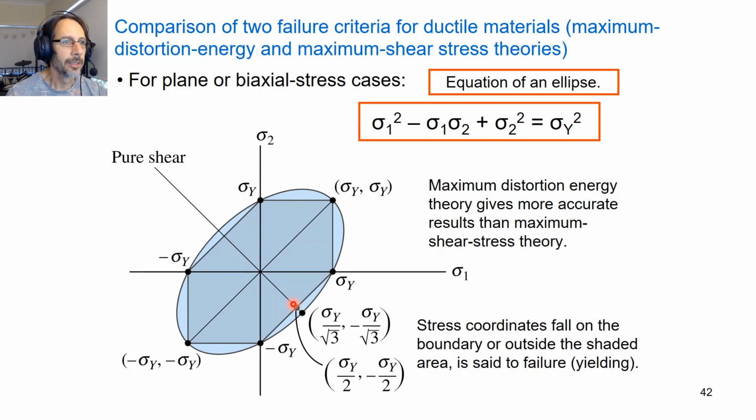Yep. And if we look at the von Mises, or the maximum distortion energy criteria, at this point here, right, in pure torsion, we get to yield when the principal stress is equal to the yield stress divided by √3. Also, the maximum distortion energy theory represents experimental data more accurately as well.